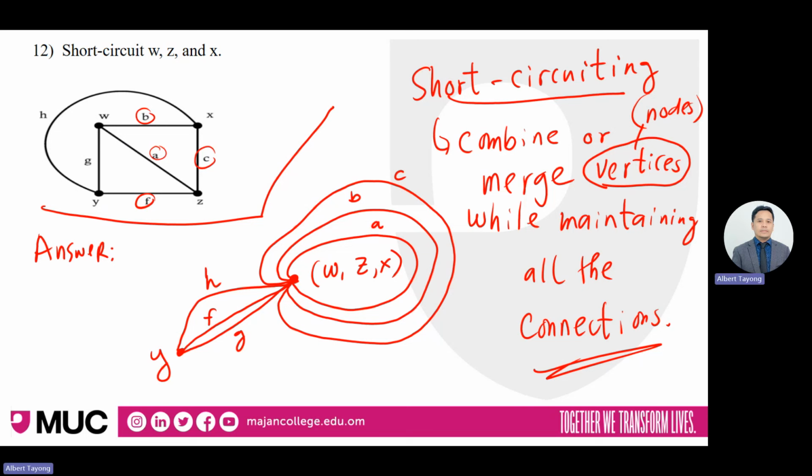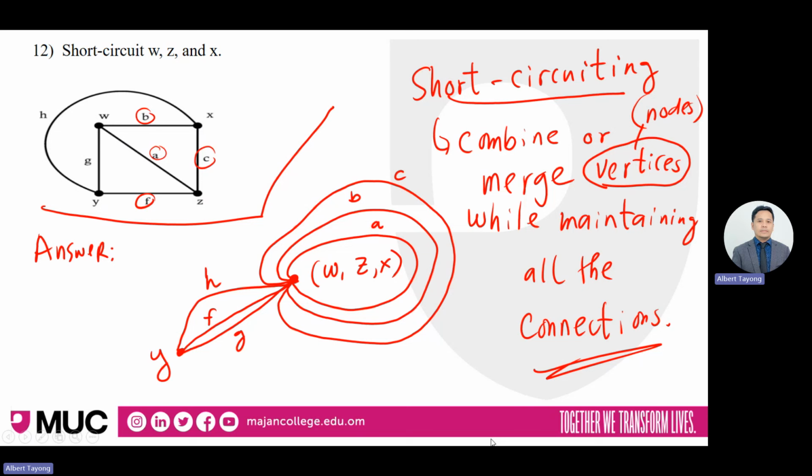We just created a shortcut. Instead of traveling to W, X, and Z, we just created one point here. Okay, so from Y to W, we can easily travel, and from Y to Z and Y to X as well.